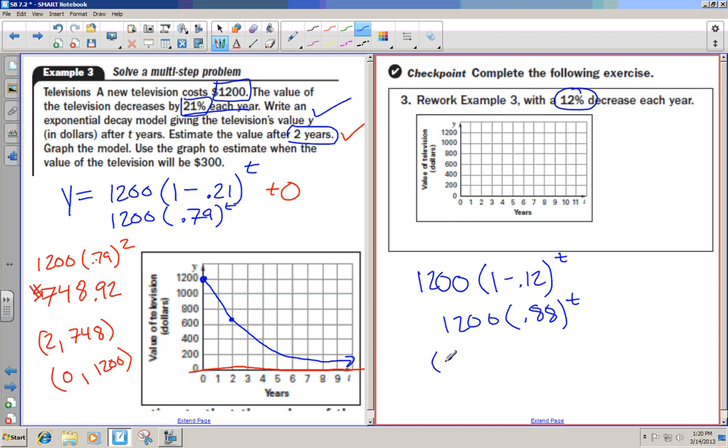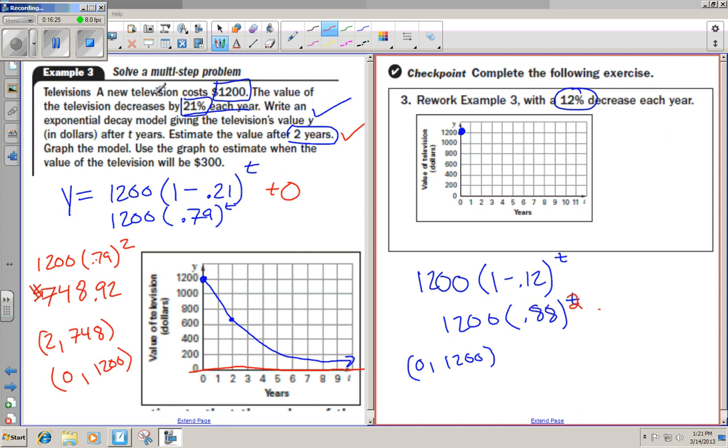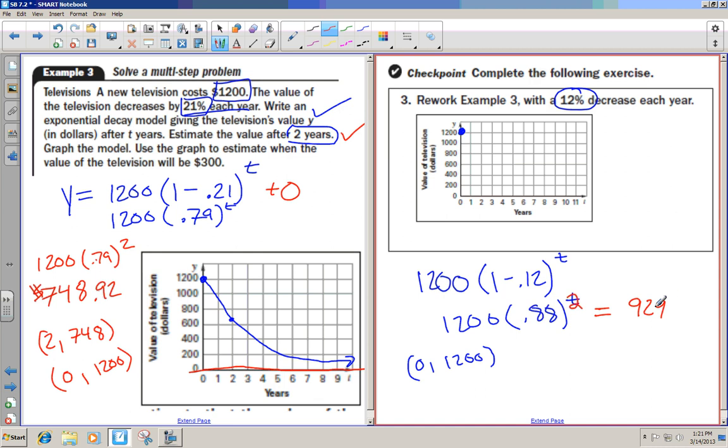That means it goes through the initial point, 0 and 1,200. If you put 2 in there, you'll get a new value at 2 that ends up being about $929.